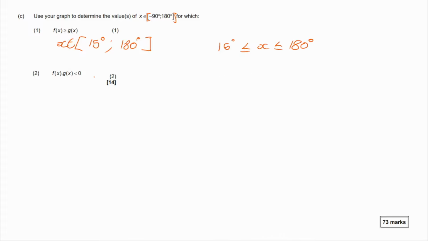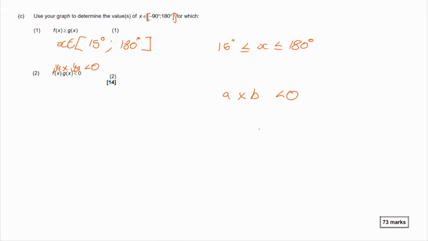Now for this one, it's saying f times g is less than 0. Remember, these are just y values. So it's saying the y of f times the y of g is less than 0. Let's think of any two numbers: if you have a times b, and it has to be less than 0, less than 0 is negative.